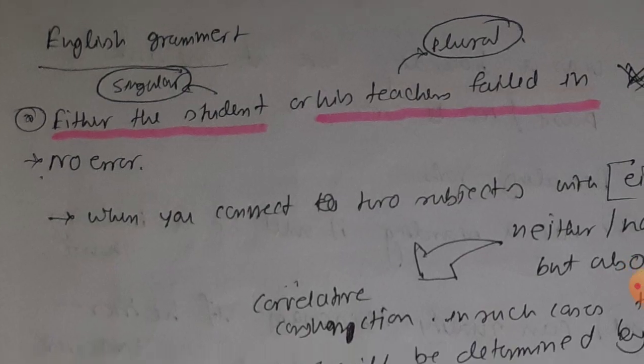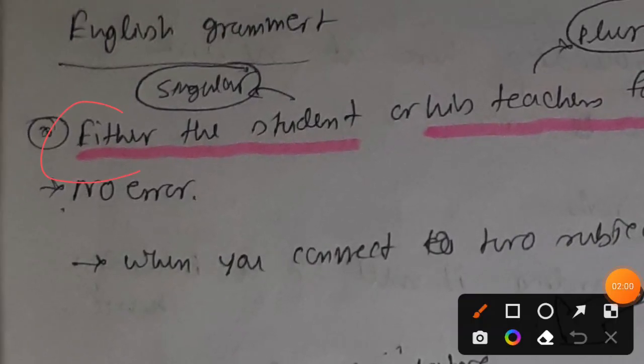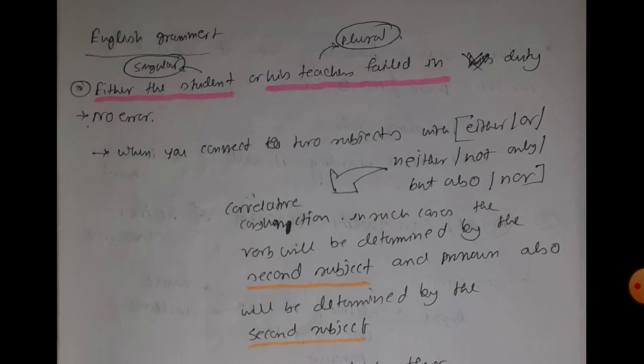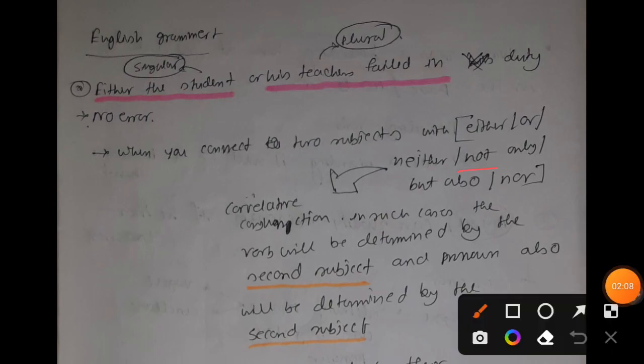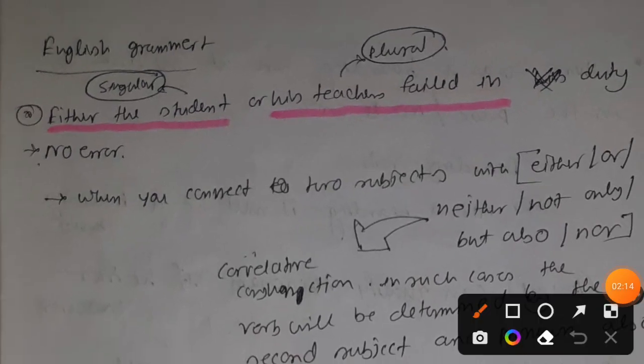The idea is, whenever we are using either-or to join two subjects, or neither-nor, or not only-but also, under such circumstances the pronoun and the verb will be decided by the second subject.